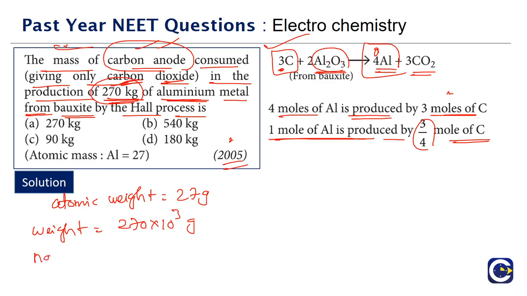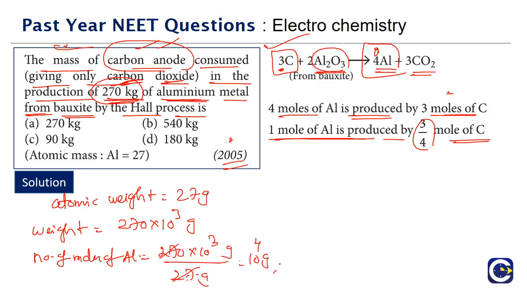So how do you find the number of moles? Weight divided by the atomic weight. If you check this, it comes to 10 to the power of 4 moles. So the number of moles of aluminum is 10 power 4.